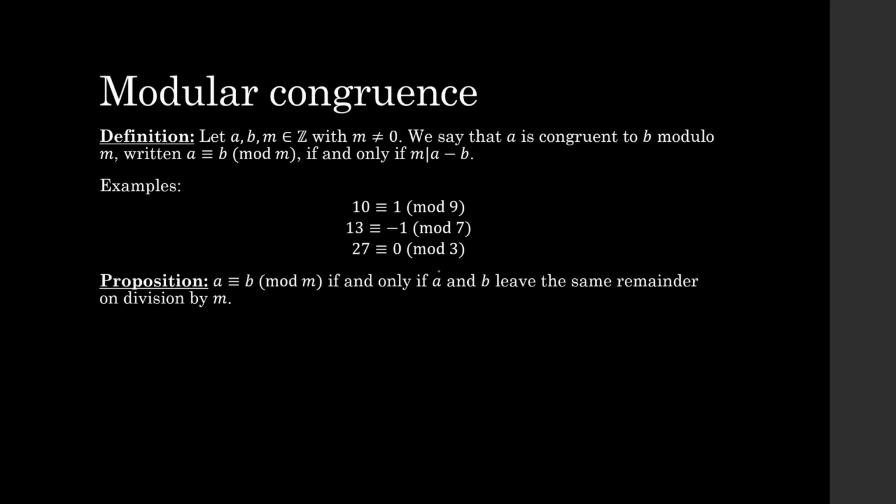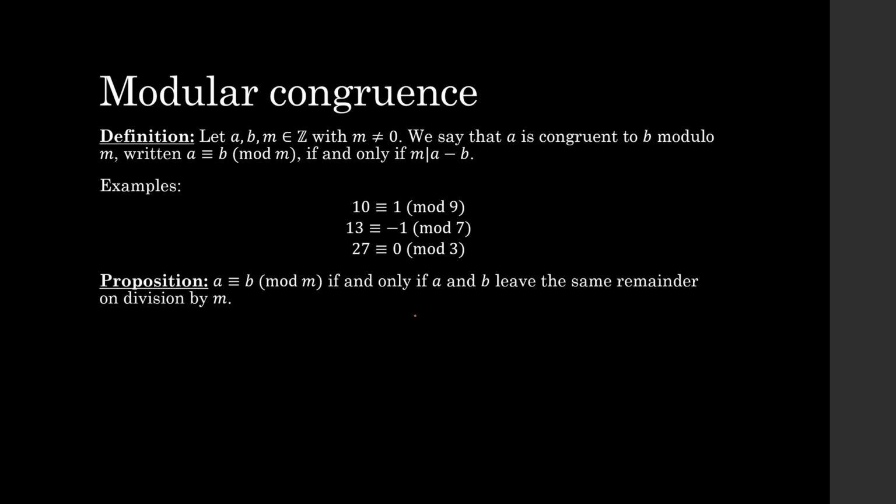So, one way to look at this is the official definition, but it might be nice to think about it in terms of remainders. Specifically, we're going to say that a is congruent to b mod m if and only if a and b leave the same remainder on division by m. We're going to prove that because it's a good way to think about it.